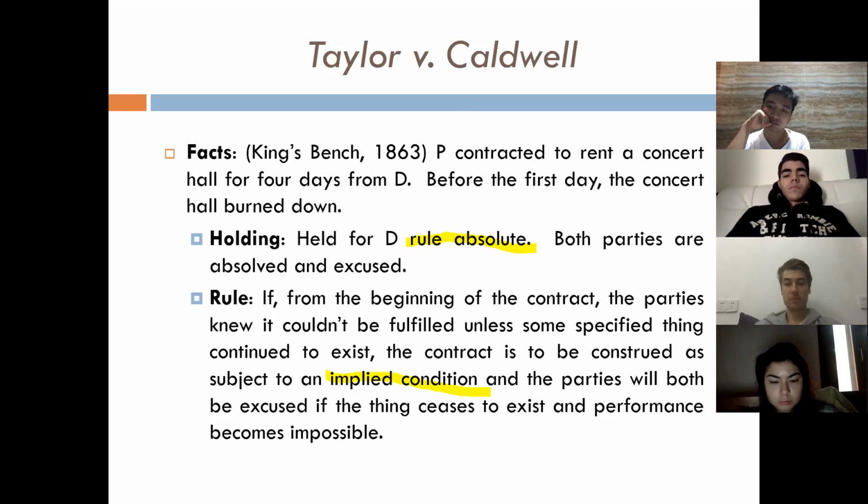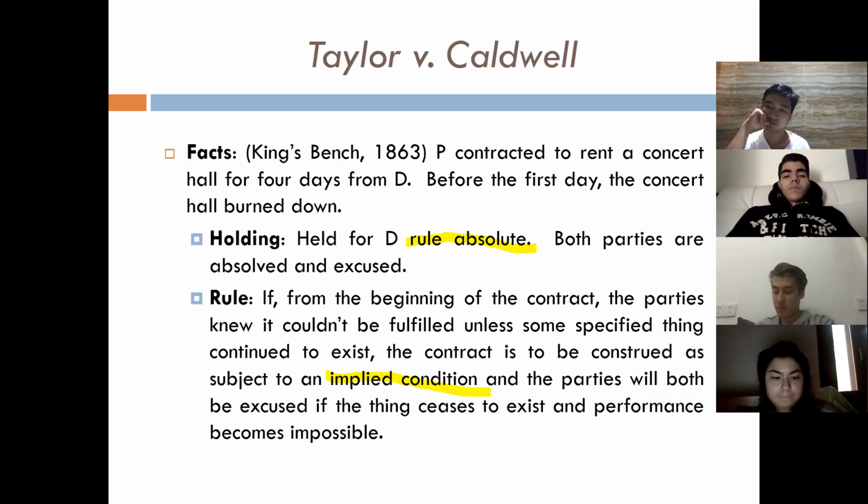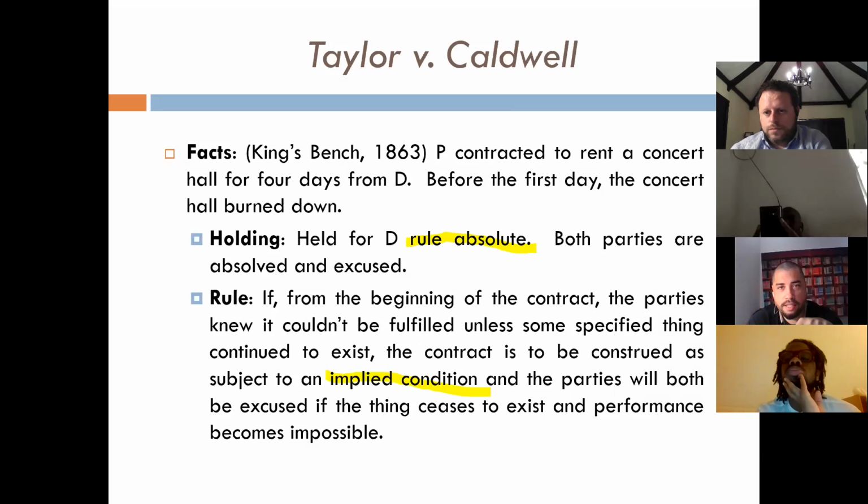If the building is not there, yeah, you're excused from the contract. You don't have to pay because you're not paying for anything. There's no building. So if you have already paid and it burns, has Isaac give you the money back? Yeah, absolutely.